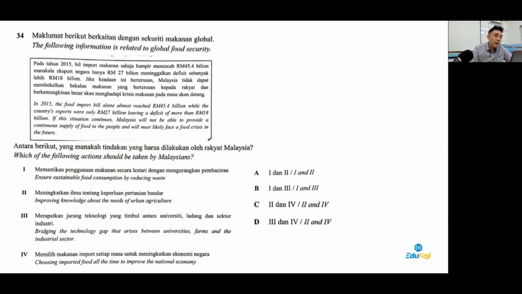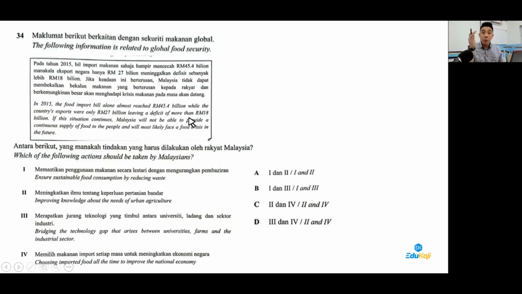Okay, 34. What action should be taken by Malaysians because this is to ensure food security. You can see that food import 45 billion, export only 27 billion. So there's a deficit.